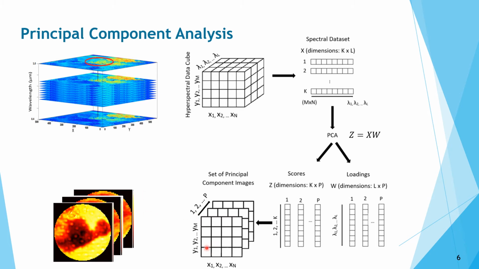This time, however, the resulting variables are uncorrelated, unlike the initial pixel values we started with.